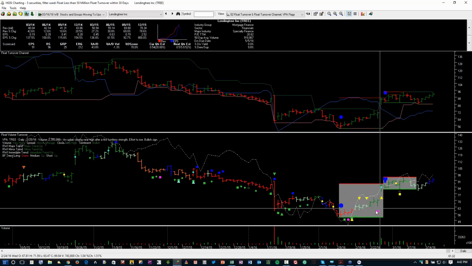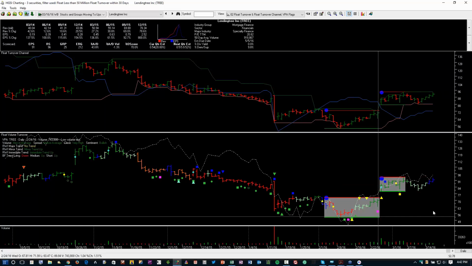Now let's go back here to this float period right here. Once again, I'm going to freeze it. When I bring up my drawing tools, I freeze it. Here's our float period, here to here, and here to here. Now this is probably a good example. Look at all these VPA signals down here showing support and buying coming into this stock.